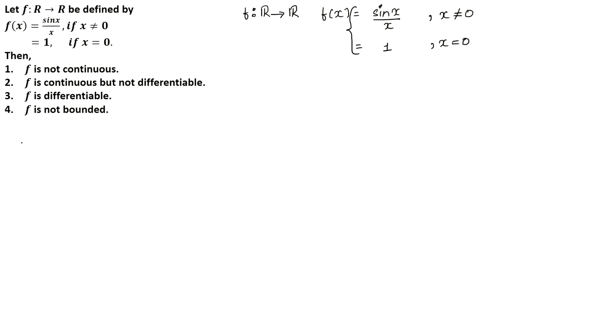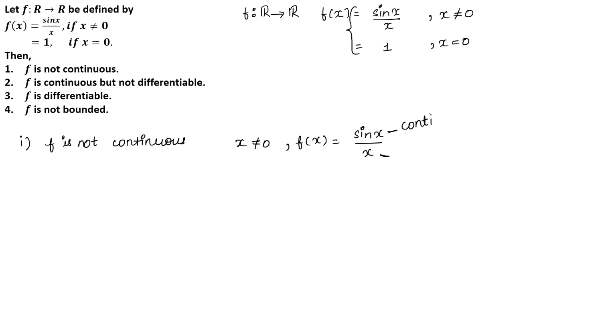So if we consider the first part, that is saying f is not continuous. If x is not equal to 0, f of x is equal to sin x by x. So it is a rational function where the numerator is sin x and the denominator is x. Sin x is a continuous function. Cos x is also a continuous function.